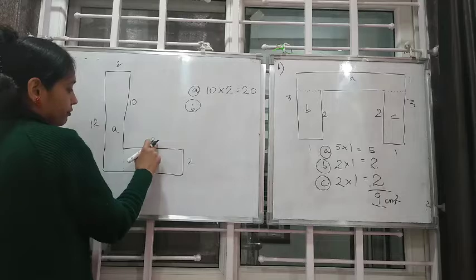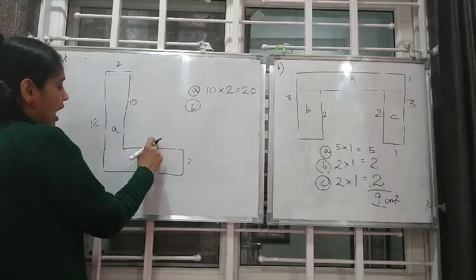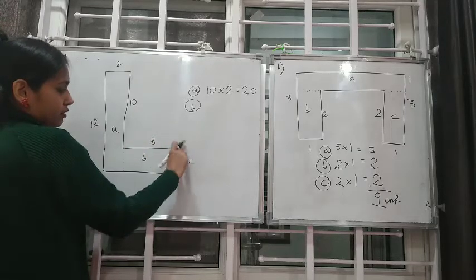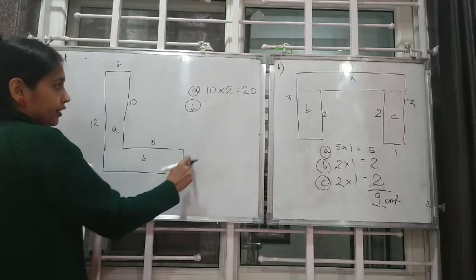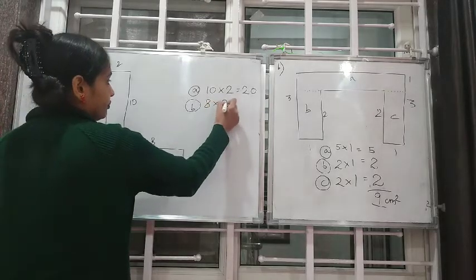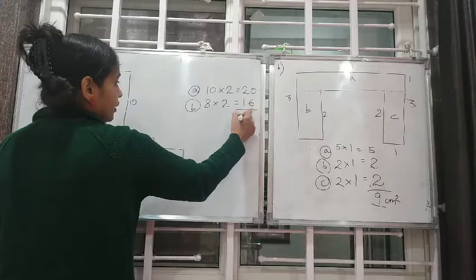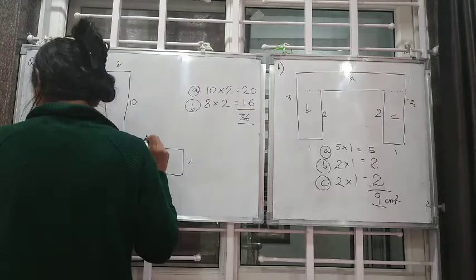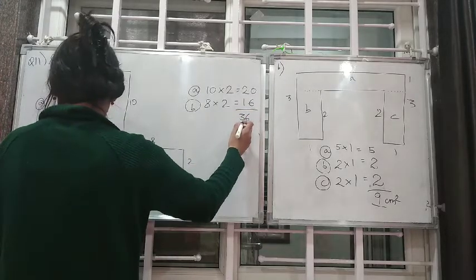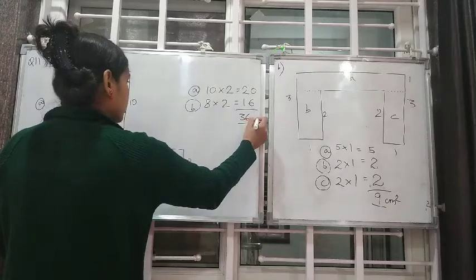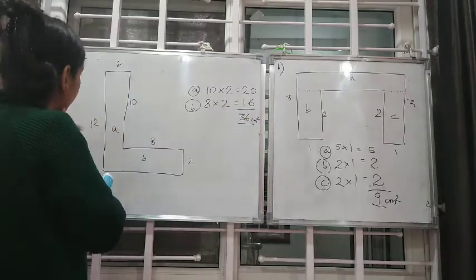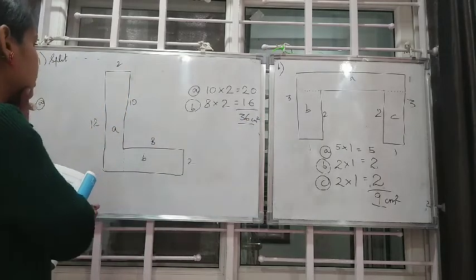It is 8 I mean to say. And this portion is 2 already written. So 8 twos are 16. So it is 36 centimeter square. I hope I am correct.